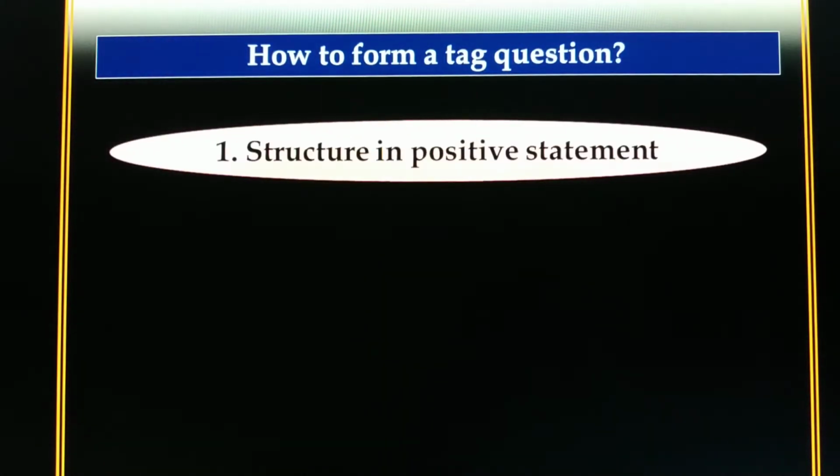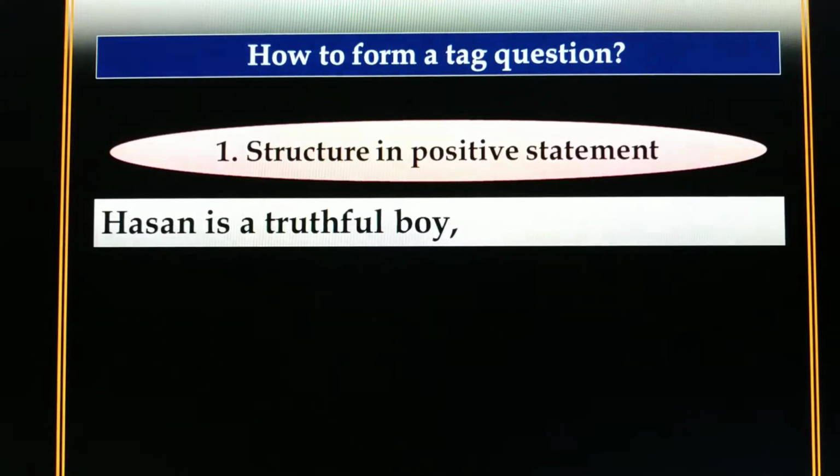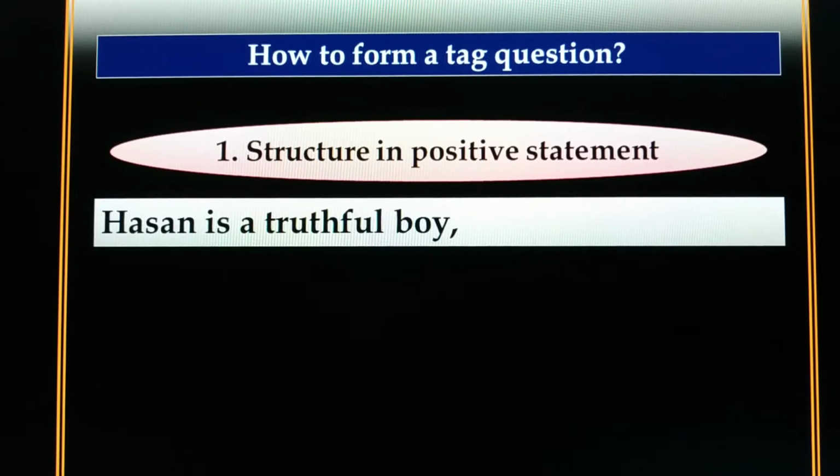Structure in positive statement. Let's see the first structure in a positive statement. Hassan is a truthful boy. This is a positive statement, so we have to use isn't he.